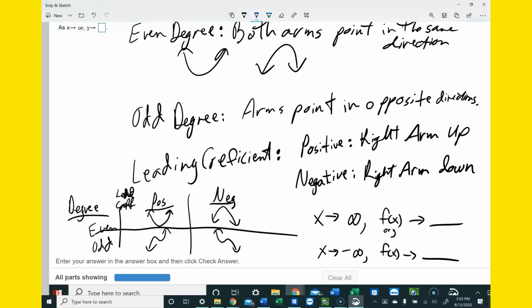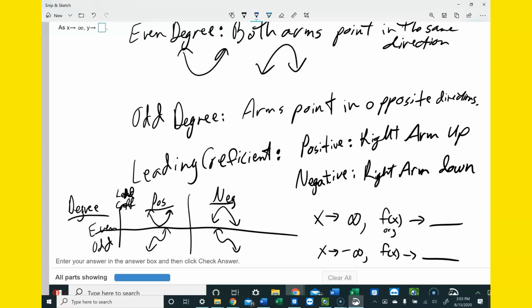All right, if we're looking at this, the negative even, we're looking at this graph. Then if we look far to the right, it means x approaches infinity. The graph vertically, the y value is going to negative infinity. And if we look far to the left on the x-axis, the y values vertically are going down to negative infinity on that one as well.